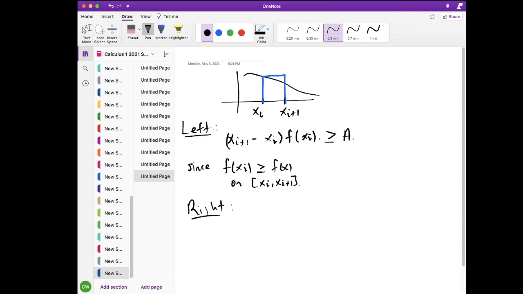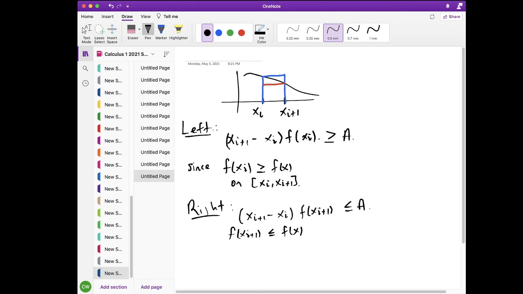But for the right approximation, it's going to be smaller, because this f of xi plus 1 is smaller than the function.